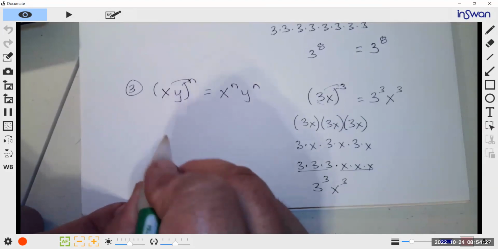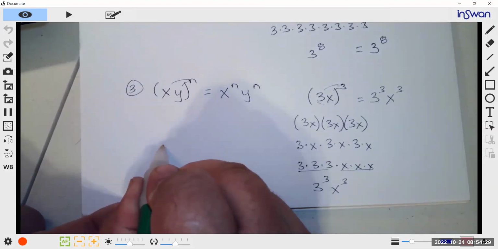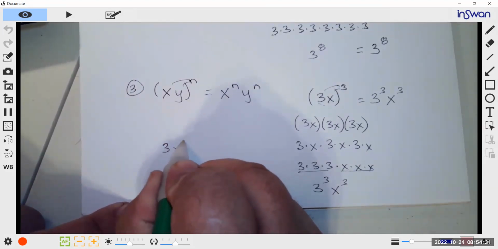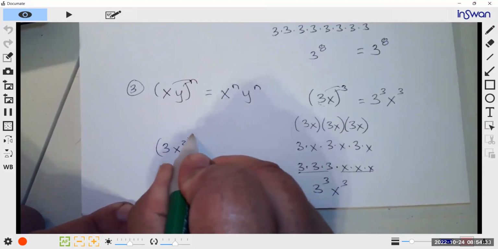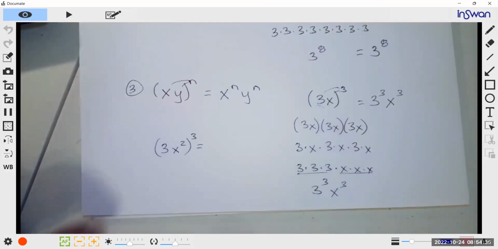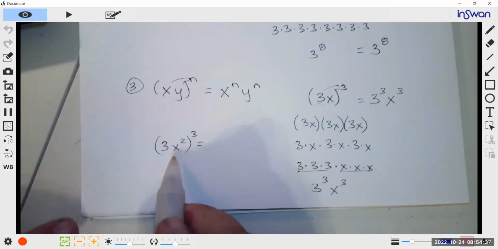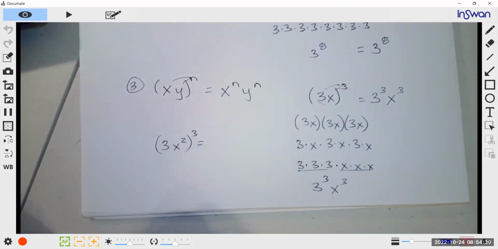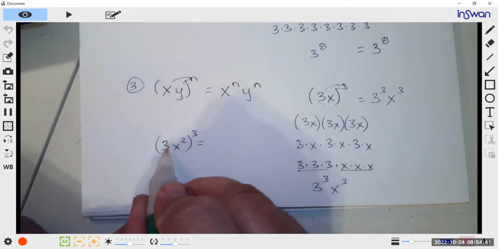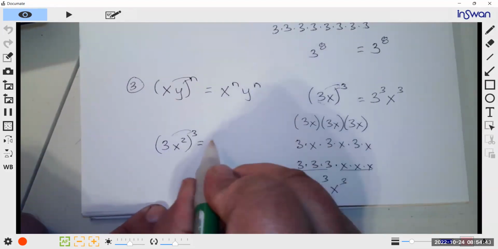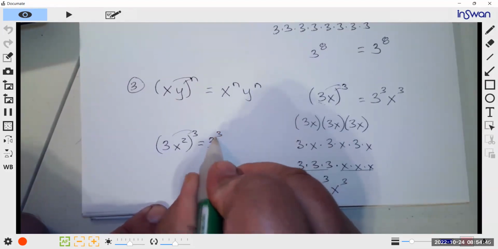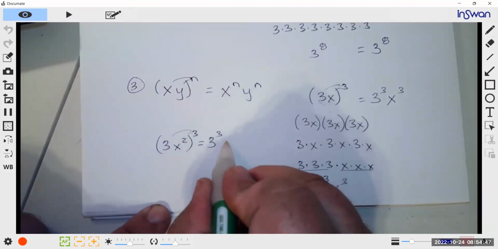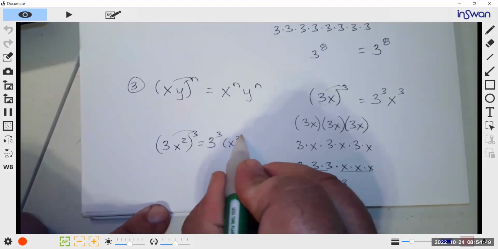On a side note, what if my variables had exponents? If I'm distributing, the 3 gets a 3, and then the x squared gets a 3.